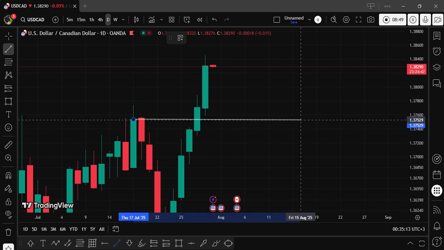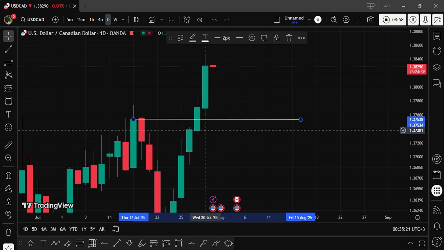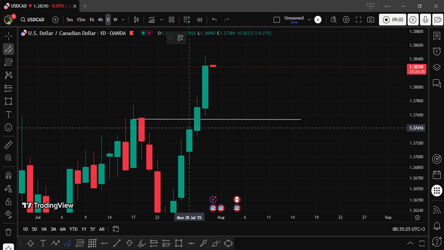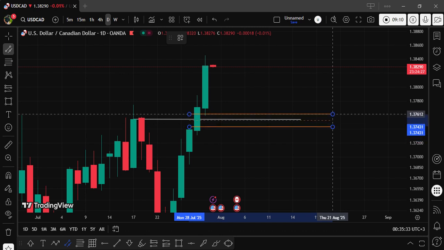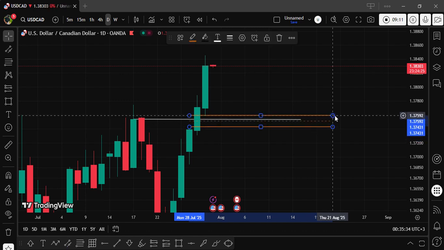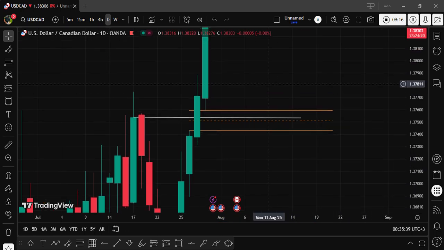So you can mark it out in case market pulls back. There's a chance of it coming up to this level right here. This is a daily fair value gap. By the way, these daily fair value gaps are stronger than the usual fair value gaps, like on the 1 hour, 4 hour, 15 minute. Price respects them a lot.